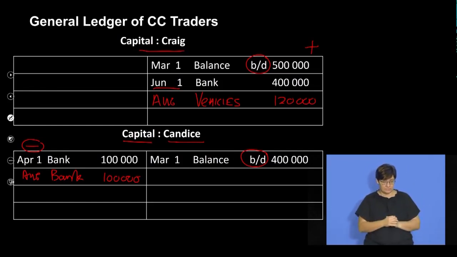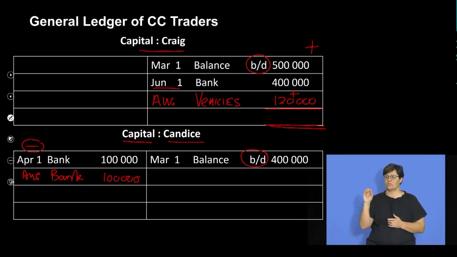So let's start off with Craig first. Craig, balance of 500,000. He increased his capital by 400,000, so he's sitting at 900,000. Then he brought in his own bakkie, 120,000. So his capital contribution at this point in time should be sitting at, I don't think I need a calculator here, let's just quickly do this.